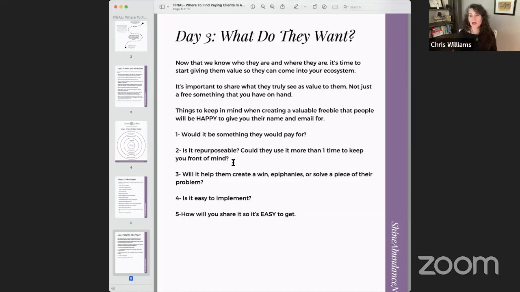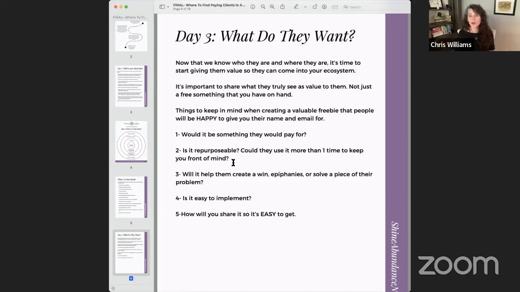Because as I mentioned yesterday, Facebook owns Facebook, Instagram owns Instagram, LinkedIn owns LinkedIn. All of the social media platforms own everything on there, and we don't own any of it. So even if I have a Facebook community, which I do because you guys are all part of it, if something wonky happened and it got shut down, I wouldn't have access to anybody who's in my community unless I had their name and email in my email list, because you own your email list.